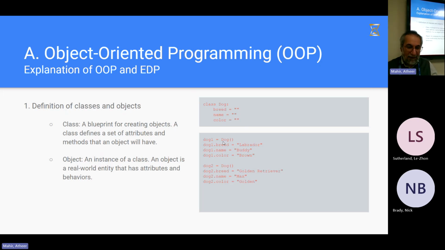So when I say dog one is equal to Dog with open and close brackets, it means this is taking the properties of this class, of that category. I know that my category is Dog. So dog one is equal to Dog, dog two is equal to Dog. It looks like I am introducing a new type.